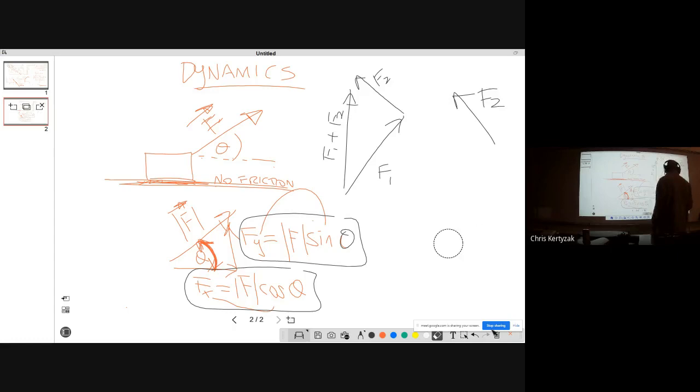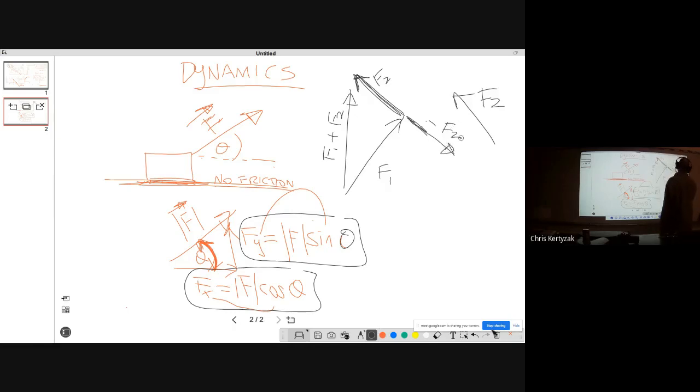A negative vector is the opposite direction of the positive of that vector. So if this represents positive F2 in this direction, then this way represents negative F2. Right here, going this way. This is negative F2. It's really messy, sorry. I'll try my best.